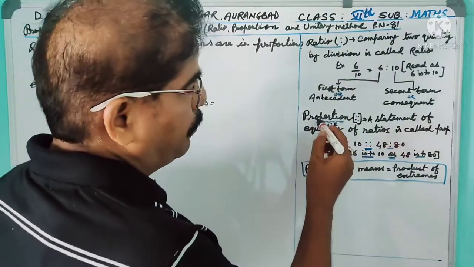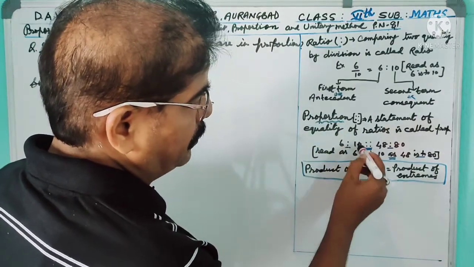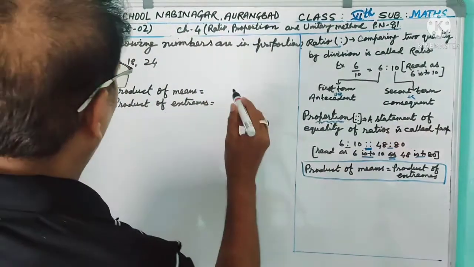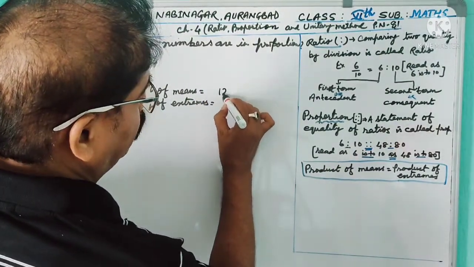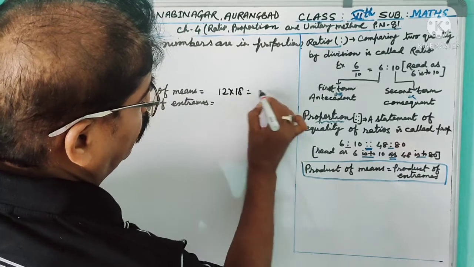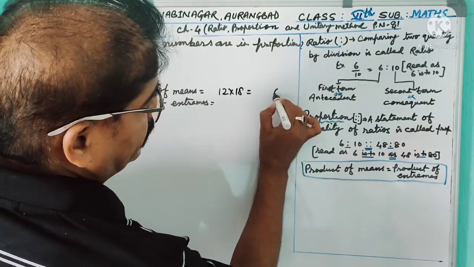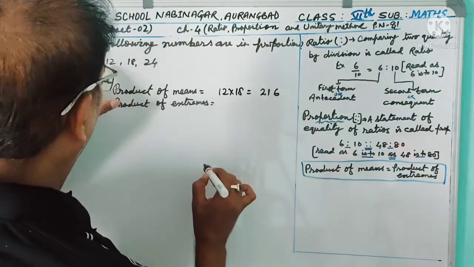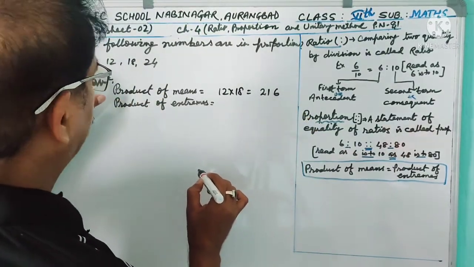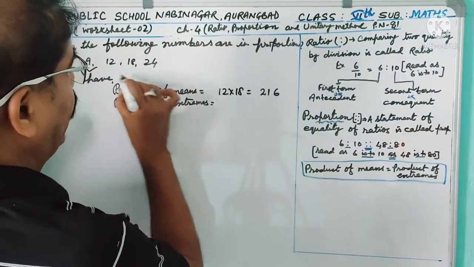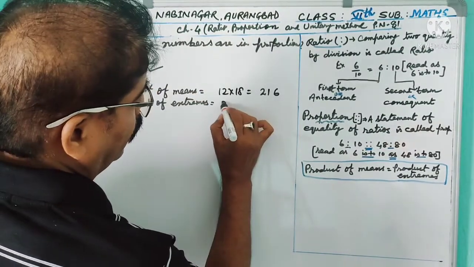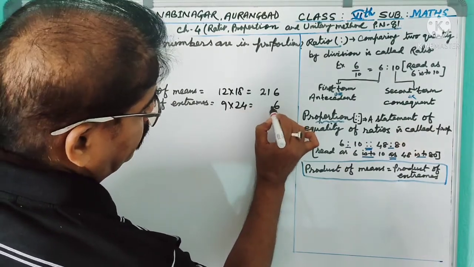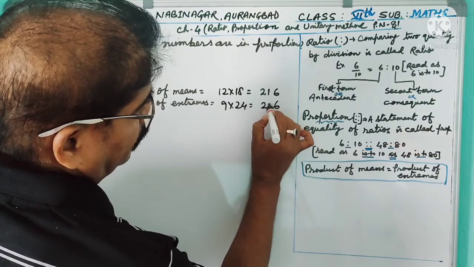We know that the product of means, that is 12 into 18, is 216, and the product of extremes, that is 9 and 24, is 216.